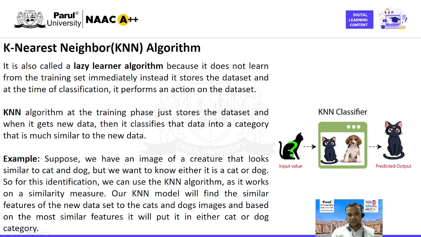For this identification, we can use the KNN algorithm here, as it works on a similarity measure. Our KNN model will find the similar features of the new data to the cat and dog images.